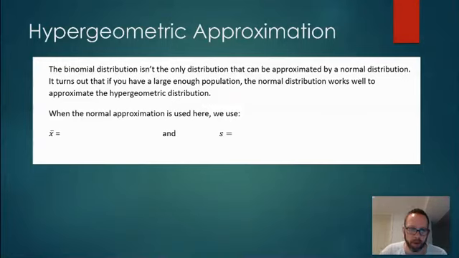Let's just say for argument's sake that N was 100 and we had, say, 75 people in our success group. And you picked a group of them and you wanted to see the number of successes.